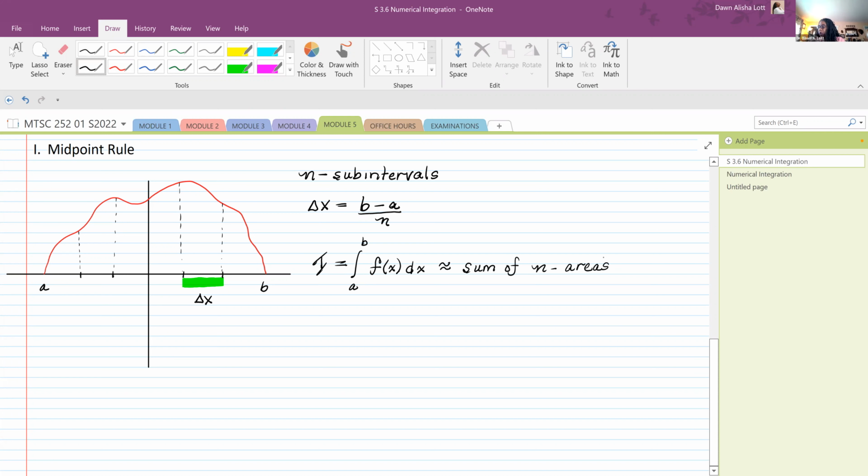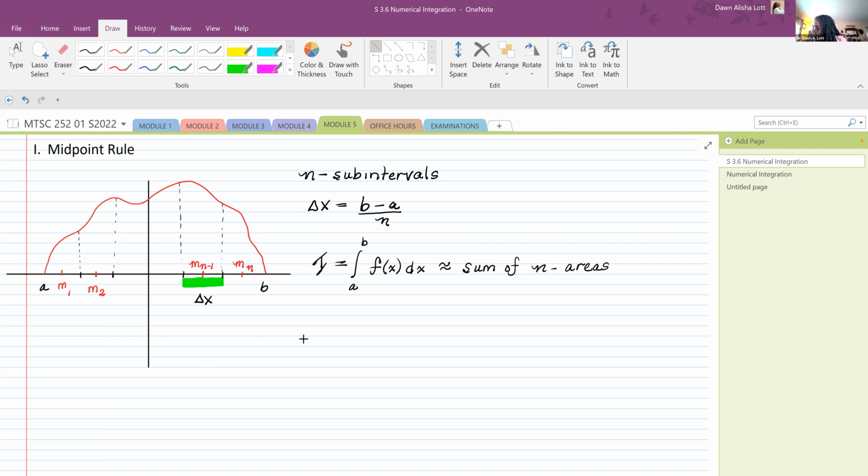All right, so the area is going to be calculated as follows. On each interval, you are going to find a midpoint. So this one would be M1. This one would be M2. This one would be M, n minus 1. And this last one would be Mn. So we have n of those, and we find the midpoint.